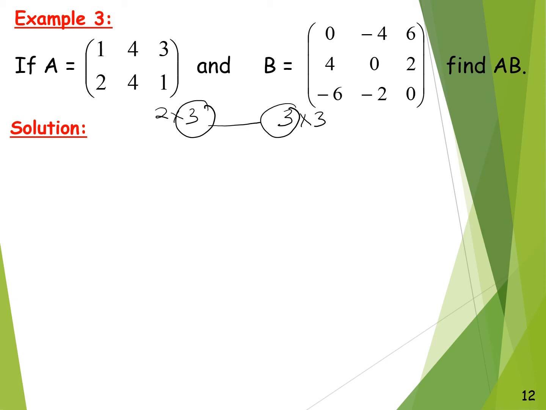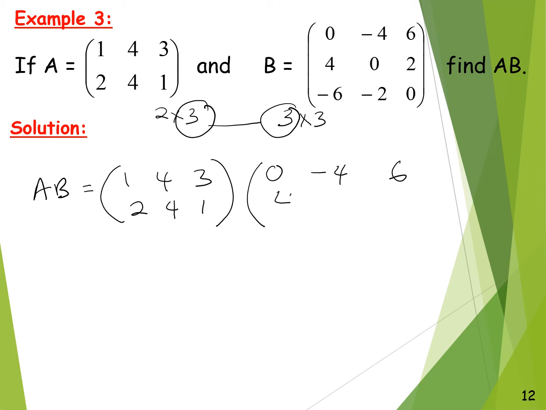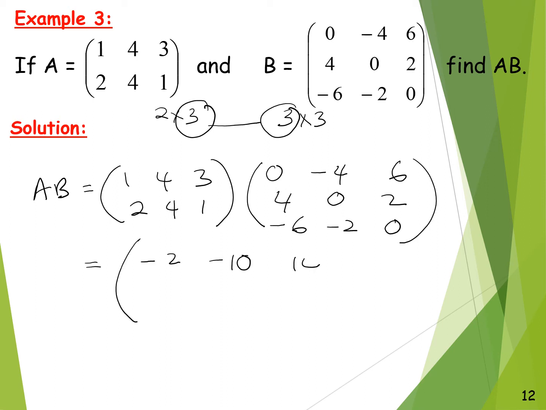So AB is equal to 1, 4, 3, 2, 4, 1 times 0, negative 4, 6, 4, 0, 2, negative 6, negative 2, 0. So the answer is negative 2, negative 10, 14, 10, negative 10, 20.